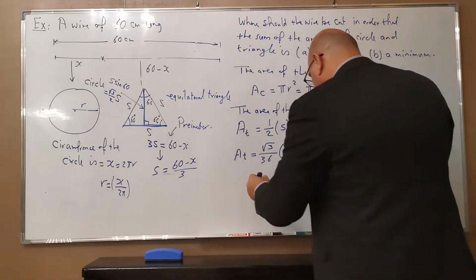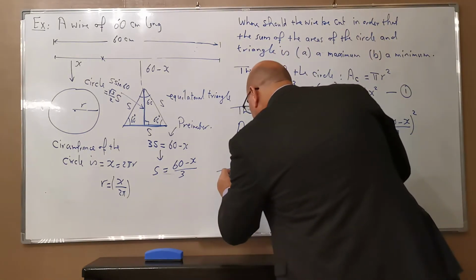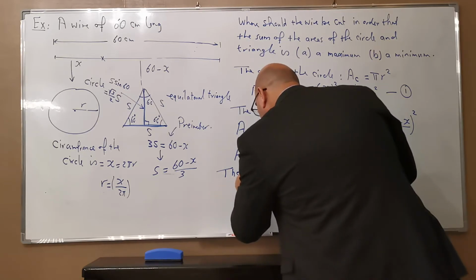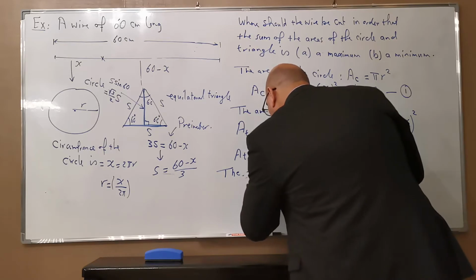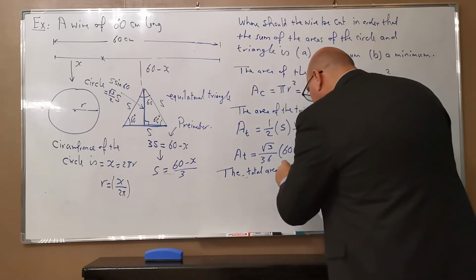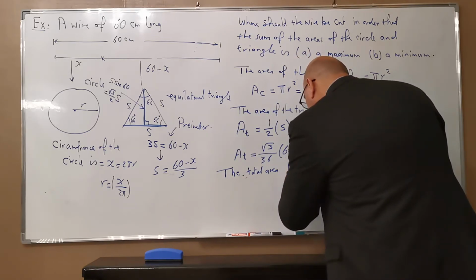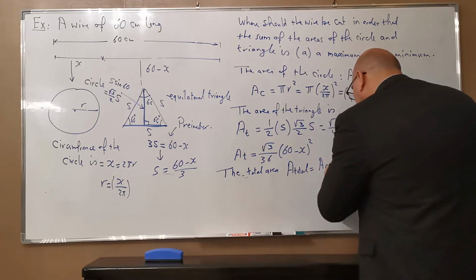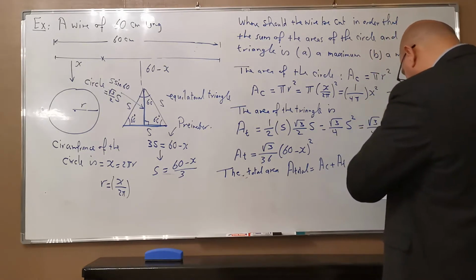So the total area, A total, is equal to AC plus A of the triangle.